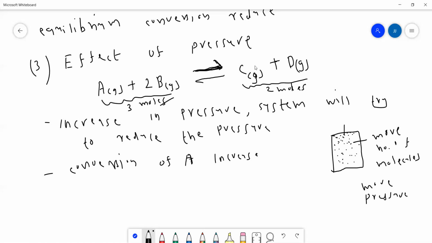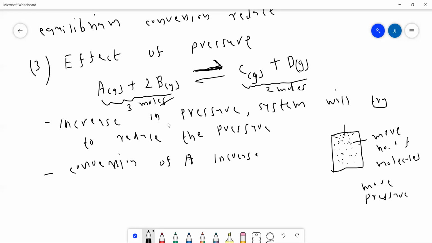So we have fewer molecules if A plus 2B, that is 3 moles, gives 2 moles of product. During the reaction, the number of molecules is reduced, which will reduce the pressure.